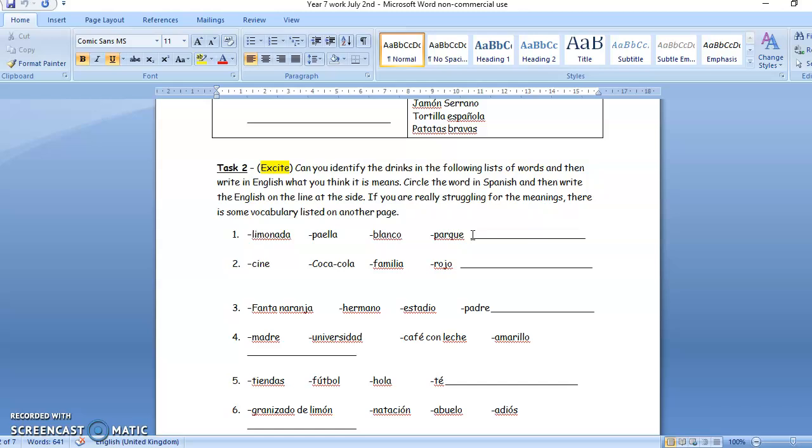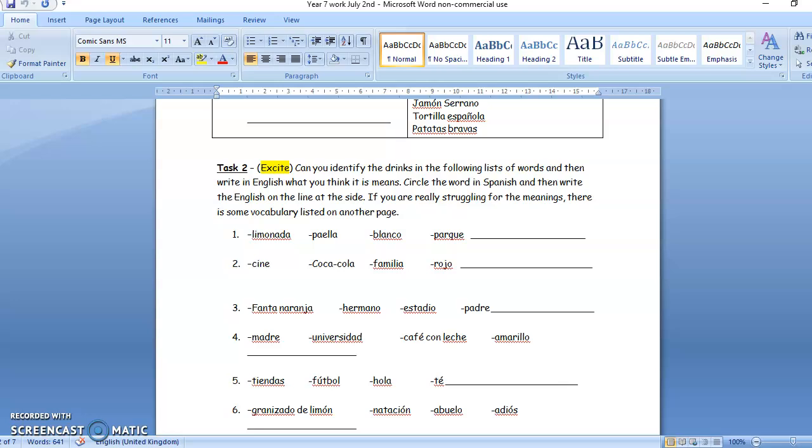You circle the words, and then here in English you try to put the English from what you can recognise. Remember, we use our knowledge of cognates, so those are the words that look like the English, or near cognates, where you just have to think a little bit, and they do look very similar to the English word. Then in English, write here what you think that drink is.